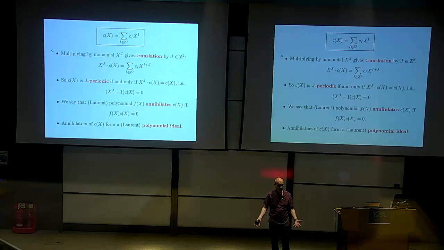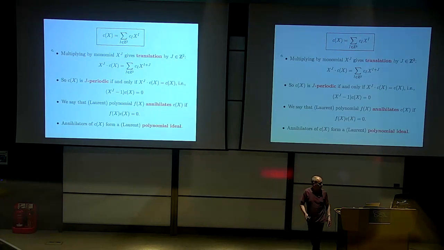And if I get 0, it means I was periodic. So this leads to the concept of annihilation. I say that the formal polynomial f annihilates my configuration C if this formal product is the 0 power series. So annihilation by this kind of difference polynomial is the same as periodicity.